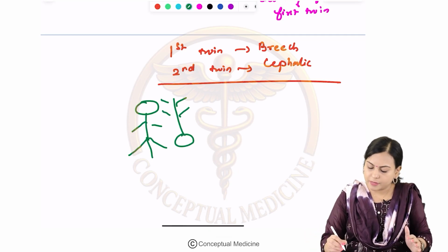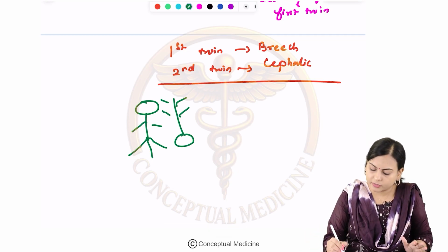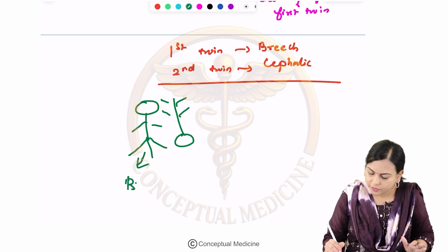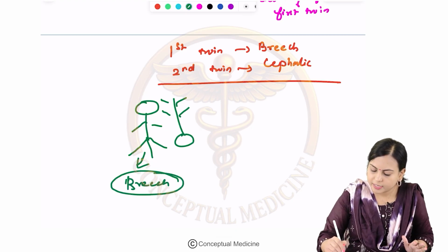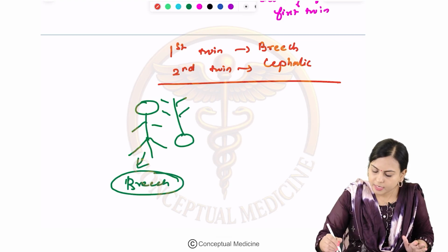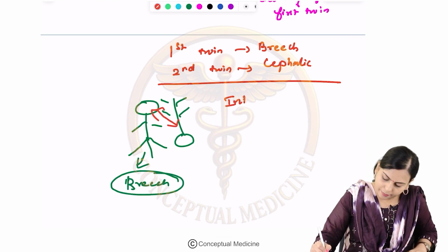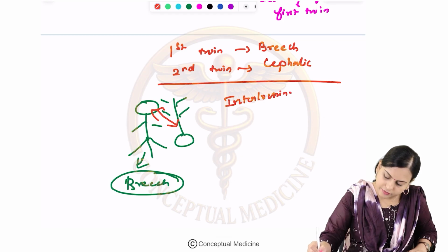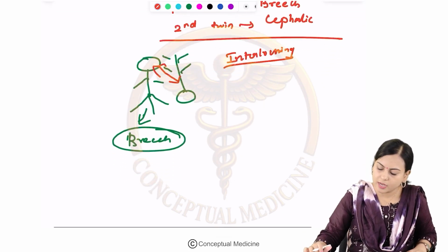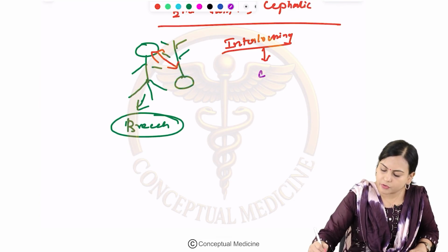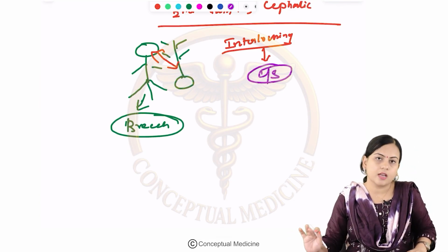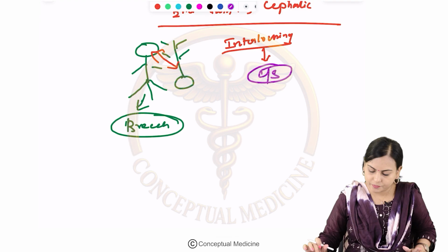What happens is, if you allow vaginal delivery of the first breech twin, when it descends down, there will be interlocking between the two twins, okay. So always remember to do a cesarean section when the first twin is in a breech presentation. Clear? Okay.